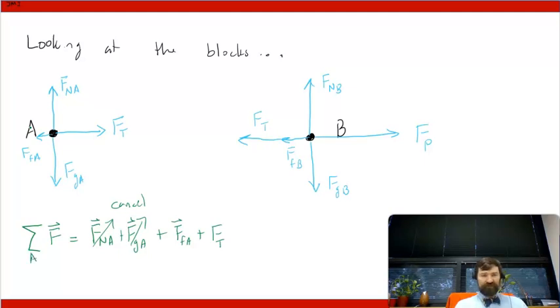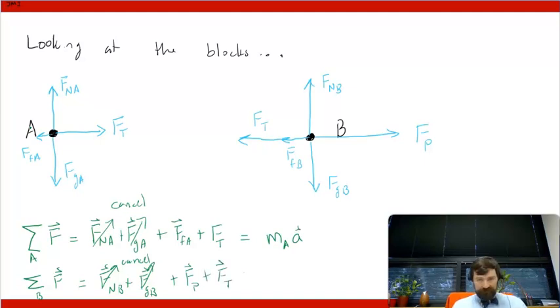These are all the forces on A. And by Newton's second law, this must be mass of A times acceleration. And on B, the sum of forces should look like normal force on B plus gravity on B, and again they cancel, plus the pull force, plus the tension force, plus friction on B.